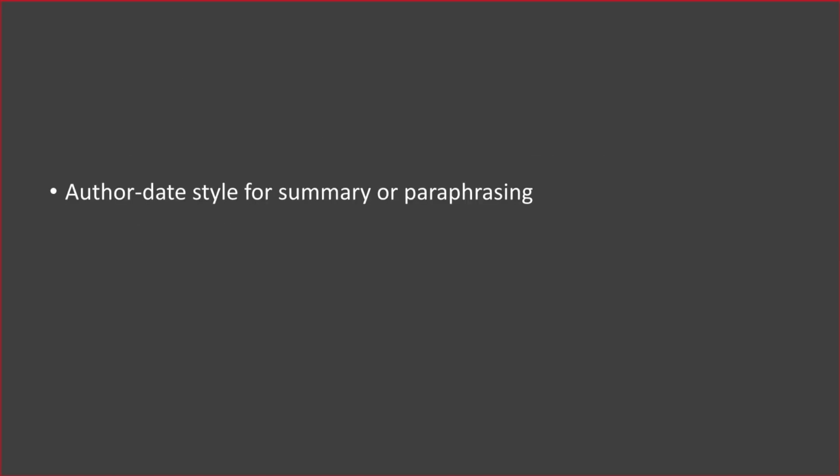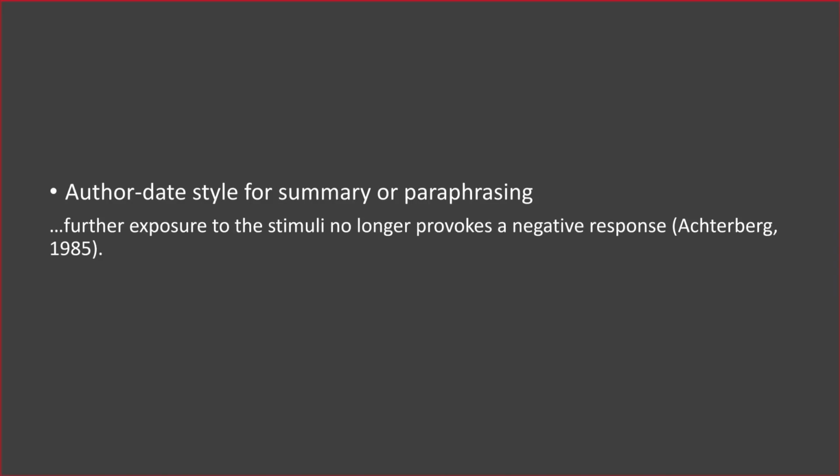So the first type of citation that you're going to see in APA, and the most common here, is going to be author date style. And this is used whenever you're making a summary or a paraphrase, so not when you're using a direct quote. So here I've got this cut off because it's kind of long, but here we have further exposure to the stimuli no longer provokes a negative response.